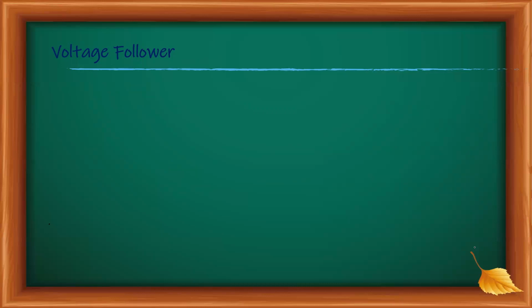Now we go to the voltage follower or unity gain amplifier. Unity gain voltage follower. By the name, it represents the output follows the input, or the output must be equal to the input.